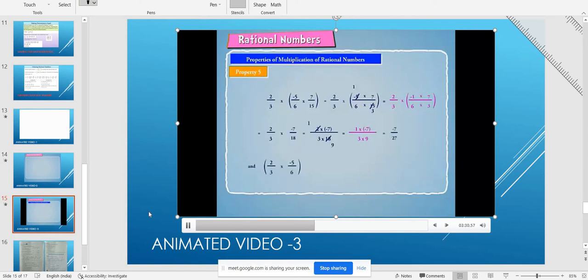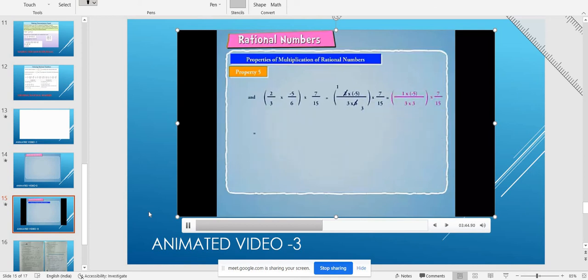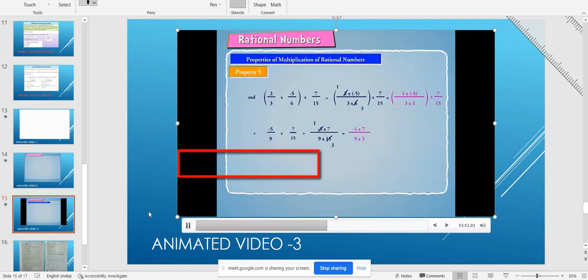Also, 2 by 3 into minus 5 by 6 is minus 5 by 9, and minus 5 by 9 into 7 by 15 is equal to minus 1 into 7 by 9 into 3, which is equal to minus 7 by 27.